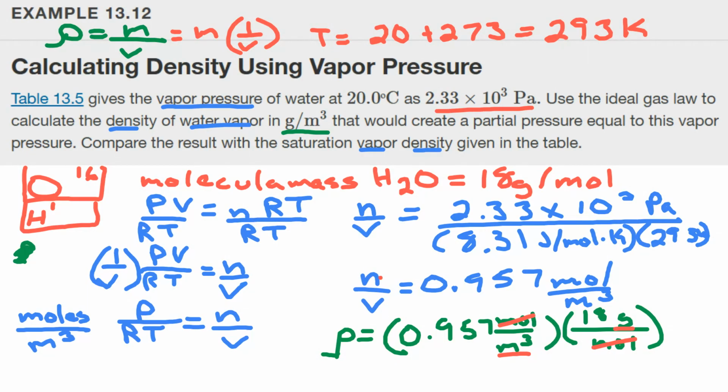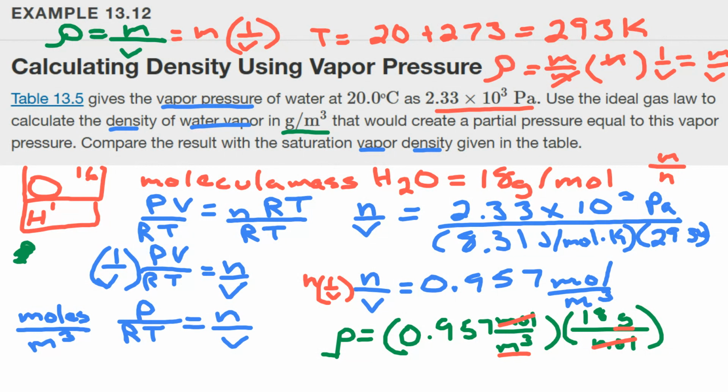And then this is the number of particles over the volume, so it's like N times 1 over V. When you multiply the mass over the number of particles times N times 1 over the volume, these cancel and I get mass over the volume, which is the very definition of density. Okay, so that's how you get that.